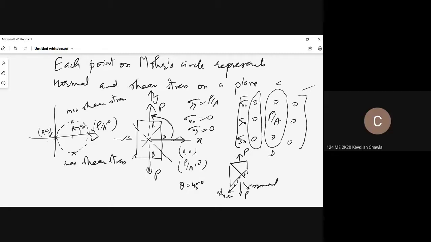Yes, sir. So how do I reach this plane in Mohr circle? In Mohr circle, you have to turn twice the angle.